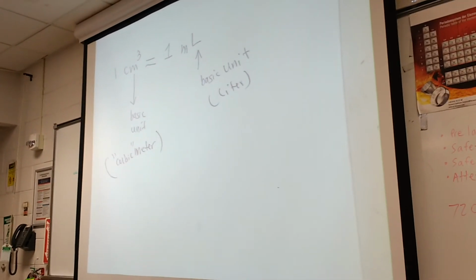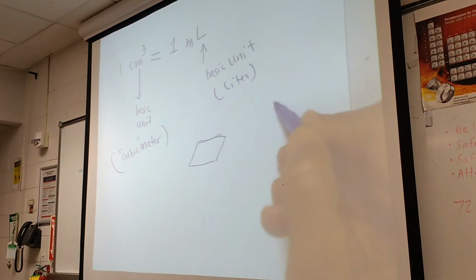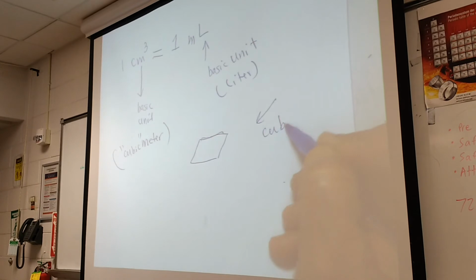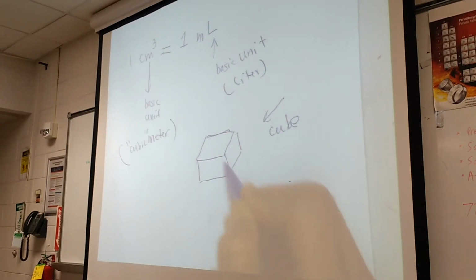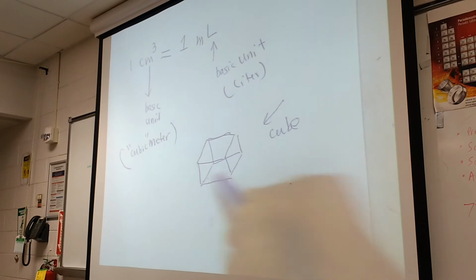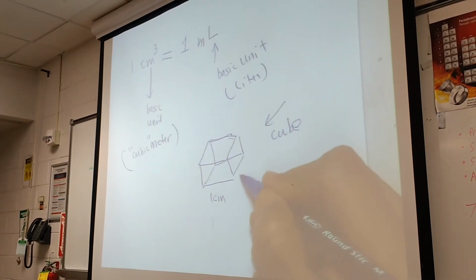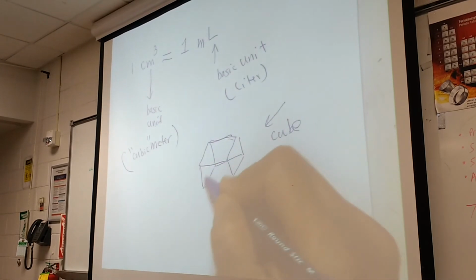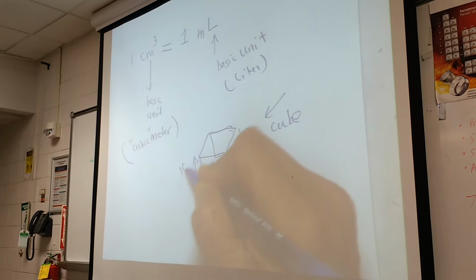Are you following? So imagine this is a cube here, and all dimensions are 1 centimeter: the length and width are 1 centimeter, and the height is 1 centimeter.